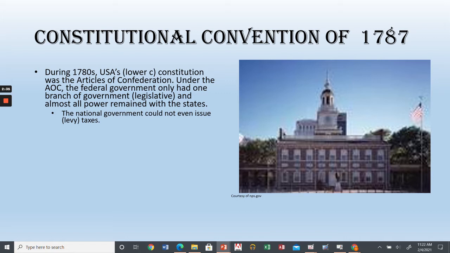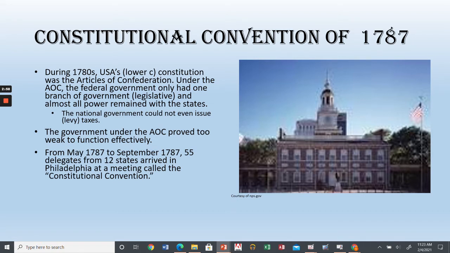The national government couldn't even issue taxes, which was a problem. Not just the taxation part, although that was certainly a big problem, but simply that the federal government had no power. The national government under the Articles of Confederation proved way too weak to function effectively.